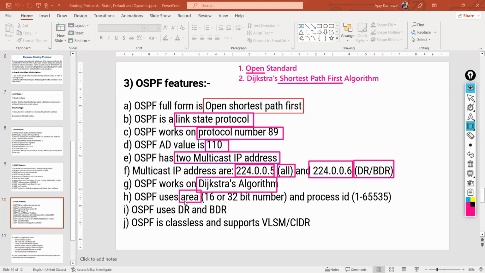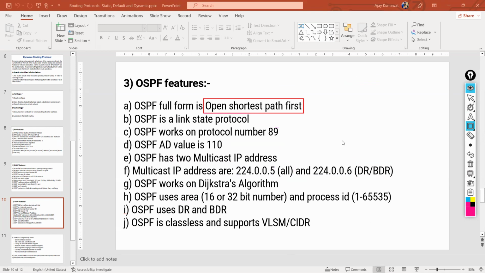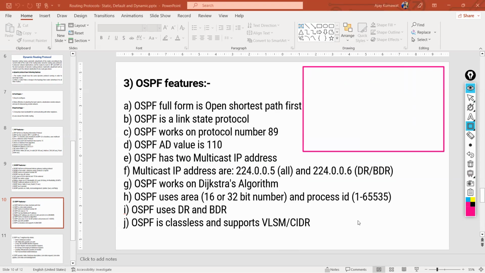Areas. For an example, consider this is your one autonomous system. In this autonomous system, you have routers.